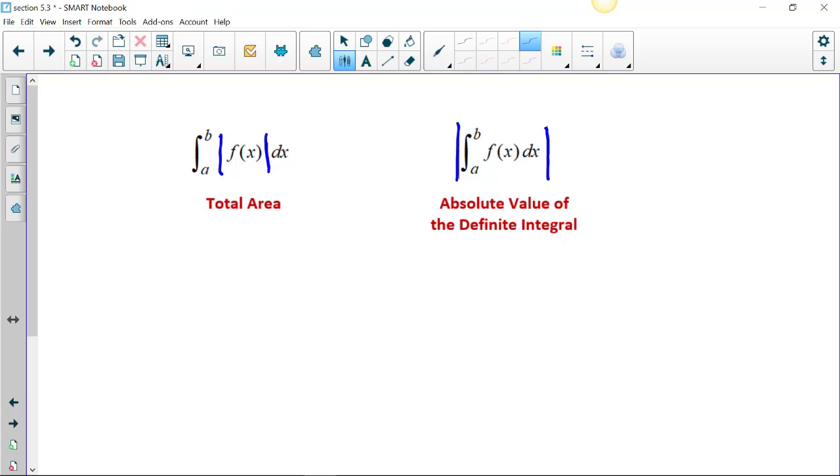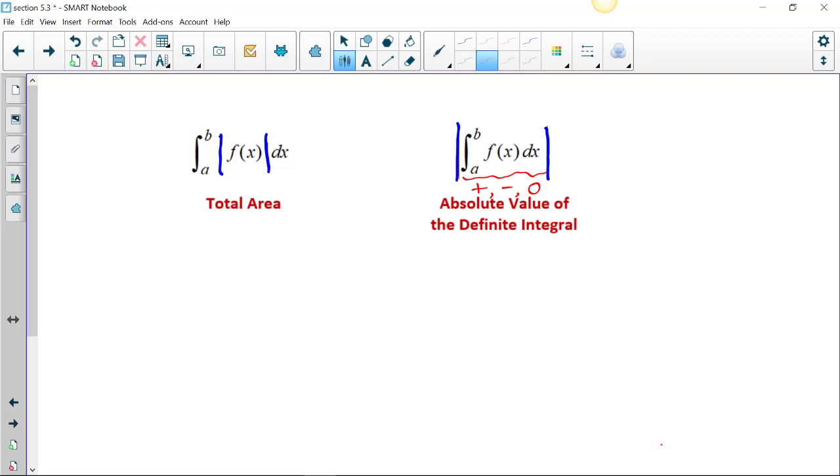outside of the integral, or the integral is inside of the absolute value bars. So when you calculate this definite integral, it could be a positive number, it could be a negative number, or it could be 0. So then you're taking the absolute value of that, which will come out to be a positive. Because if you take the absolute value of a positive, it's positive.